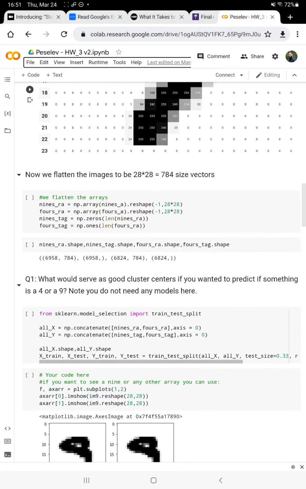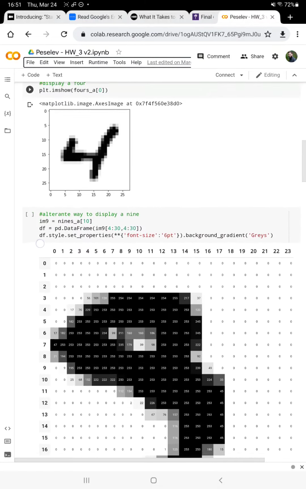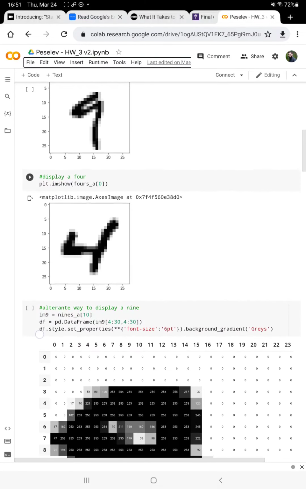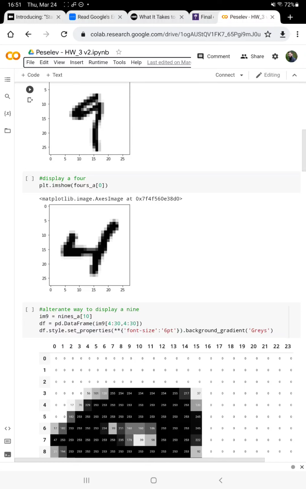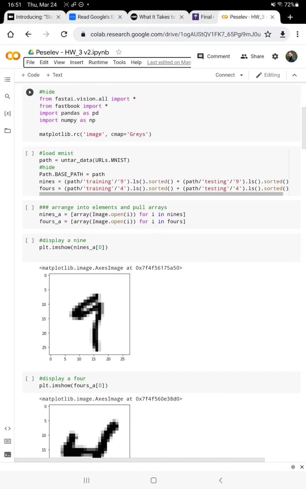Okay, so the important part is happening here. Let me pick red. Okay. So what he's taking is the array that we saw of nines, and this array consists of... Let me try to scroll up, and I hope it doesn't break. Okay, so I cannot do it here because this is not a laptop, this is a tablet.